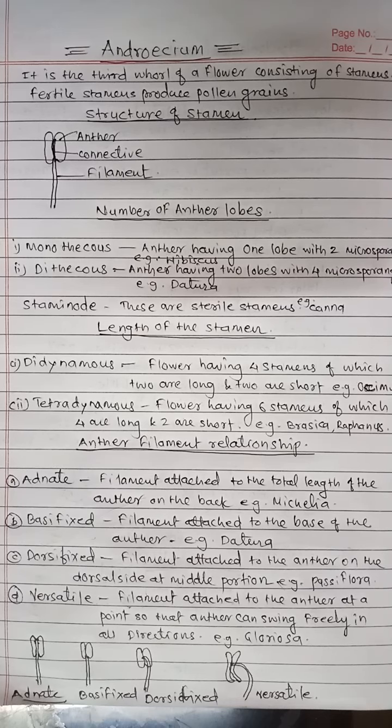Such dorsifix type of stamen is found in Passiflora. Then versatile. Filament is attached to the anther at a point so that the anther can swing freely in all directions. Such type of versatile stamen is found in Gloriosa.